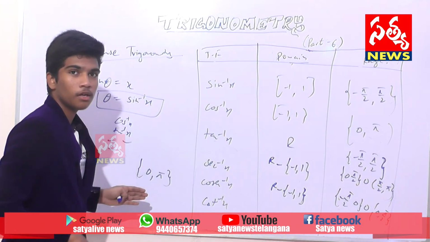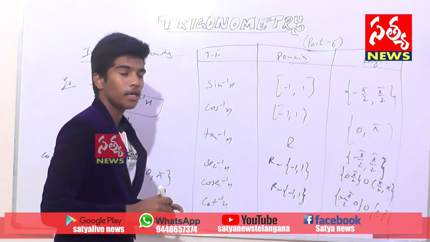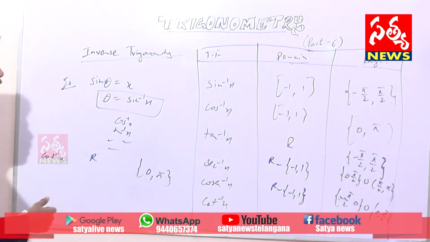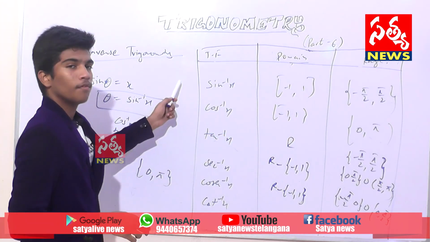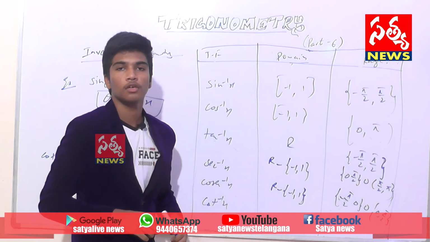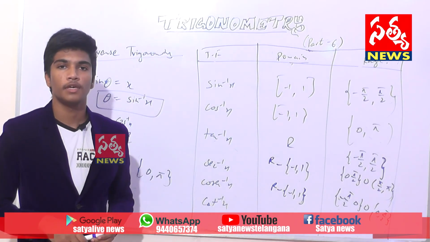It is not clear here, but I have given a clear table in the description. You can check there. There are two last formulas. With that, we will end the trigonometry concept part. And in the next video, we will discuss problems.